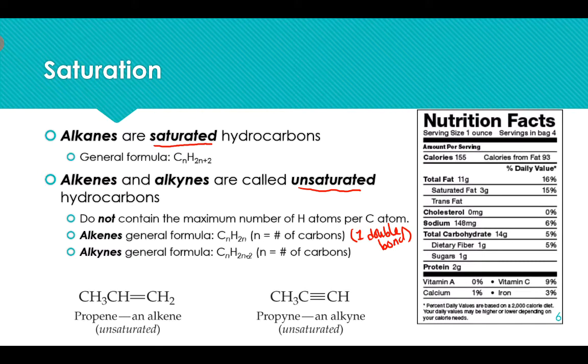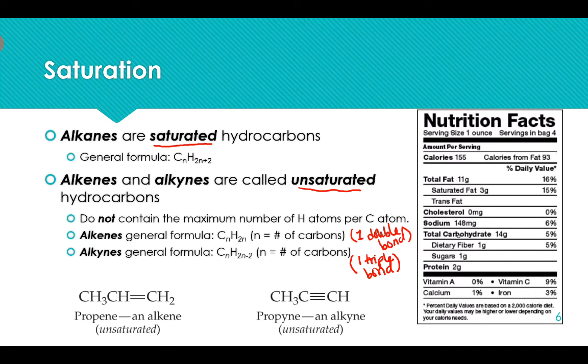For an alkyne, which has a triple bond, we're subtracting 2 more hydrogens from the structure. And so that's assuming 1 triple bond. If you have more than 1 triple bond or more than 1 double bond in the structure, you would have to subtract 2 hydrogens for each from that formula in order to figure out how many hydrogens are present.